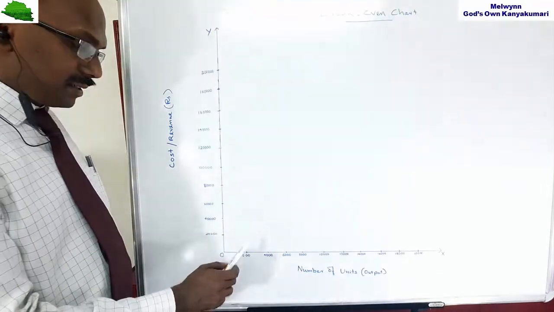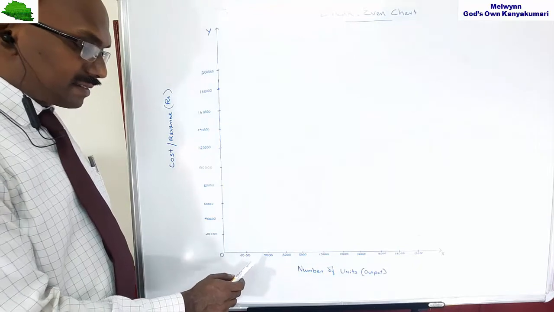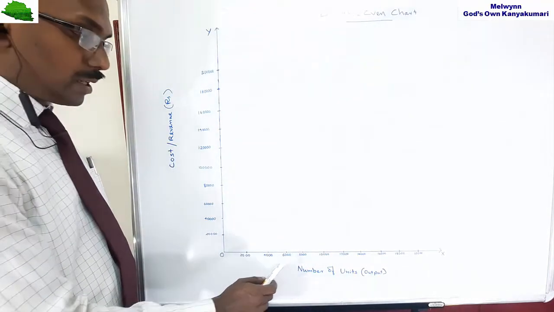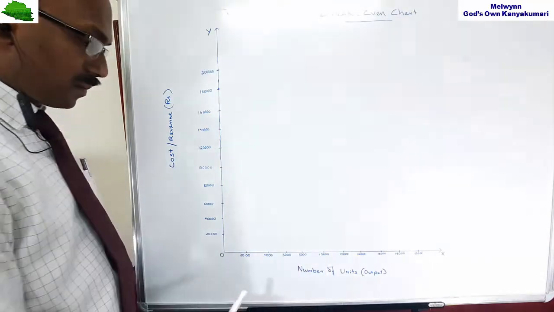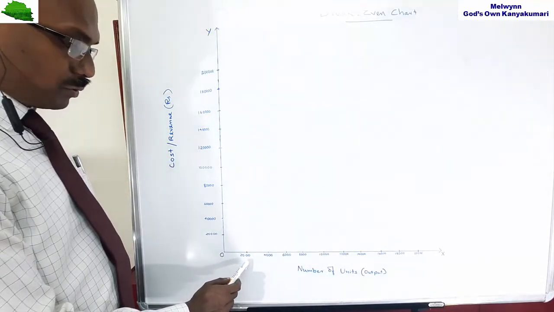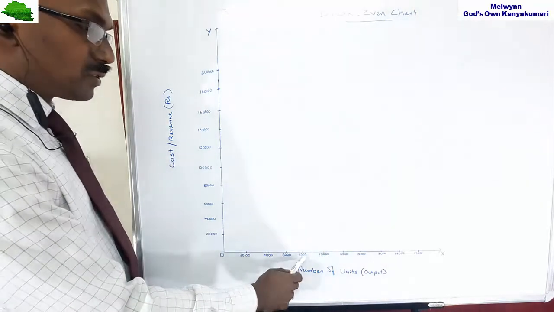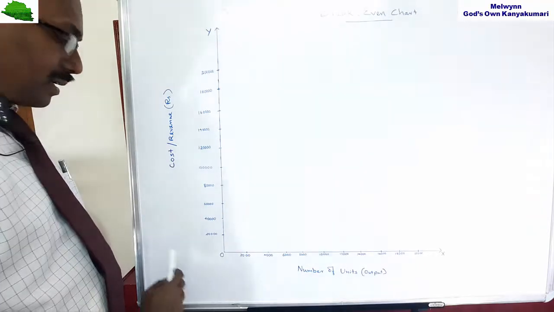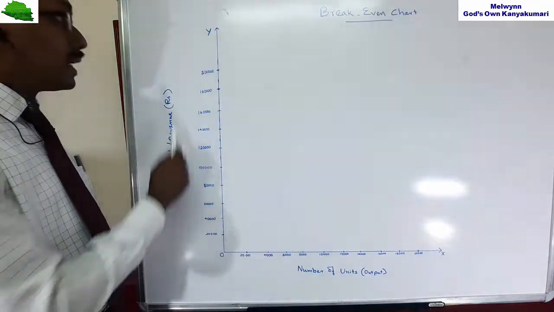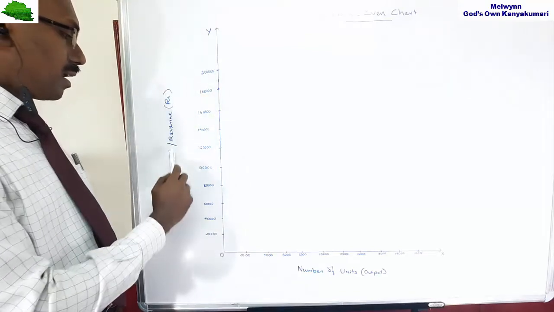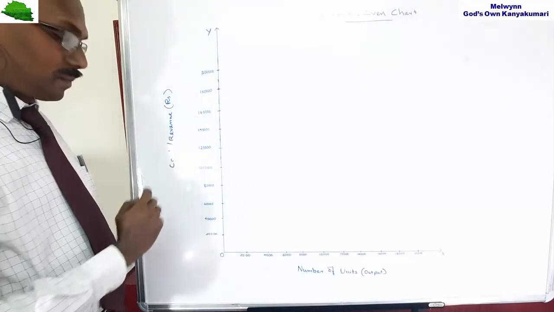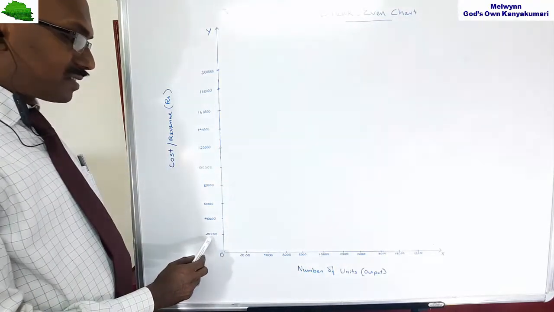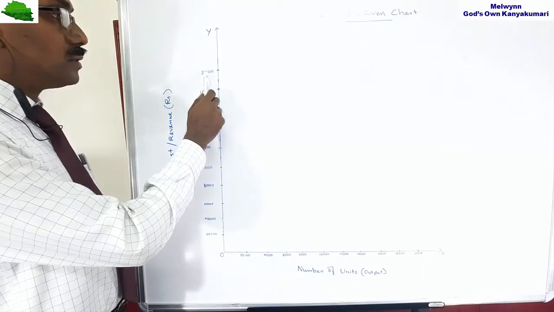In this chart, x-axis denotes number of units, that is output. Values 2000, 4000, 6000, 8000, then up to 20,000 given. Then in the y-axis, cost and revenue data given. Rupee value from 20,000 rupees to 2 lakhs rupees.